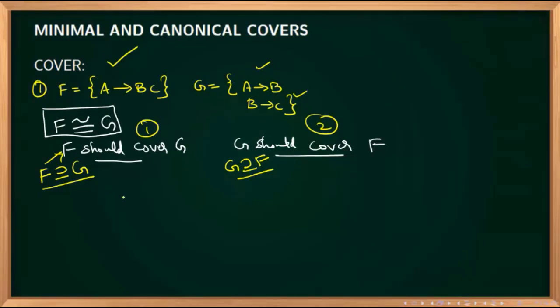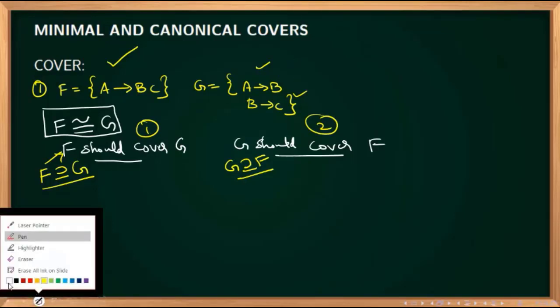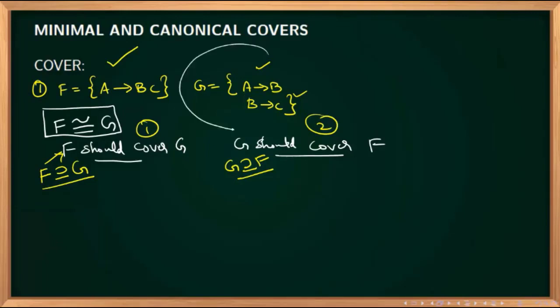Is it possible? In order to prove this, all the attributes of G on the right side you should cover. G, A to B and B to C, should be satisfied by F.